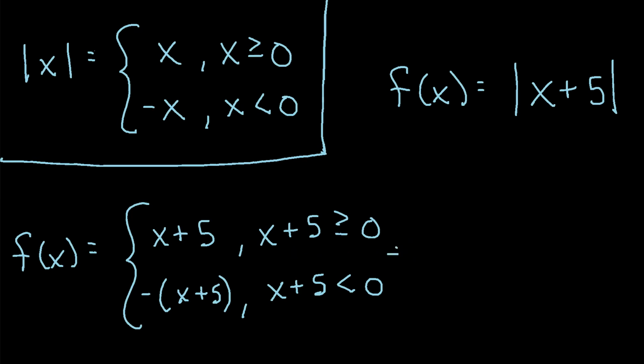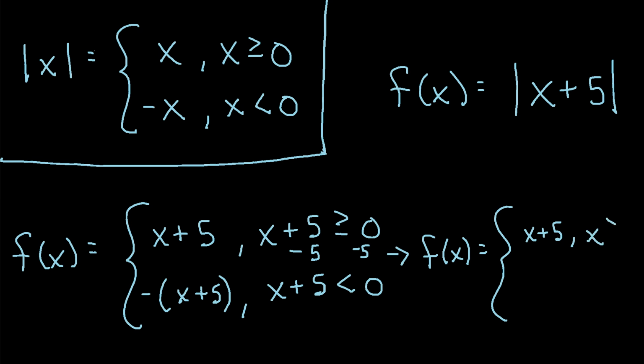We could say, let's rewrite this as f of x is equal to, we have x plus 5 when, notice that if we subtract a 5 from each side right here, we would get x is greater than or equal to negative 5. So that's our first condition. And now down here, we can distribute this negative sign to these parentheses.